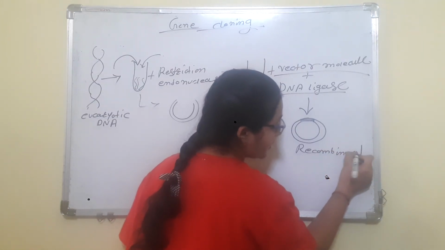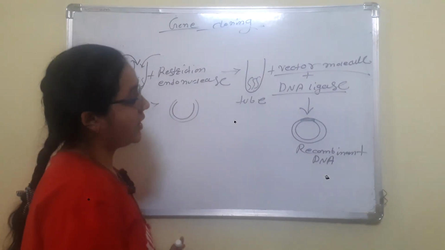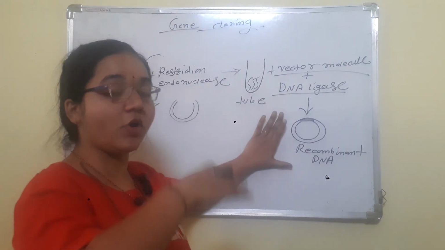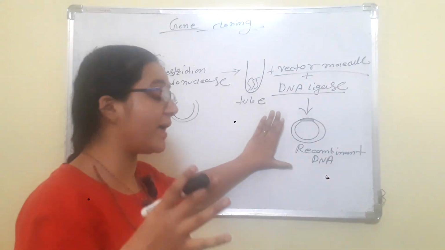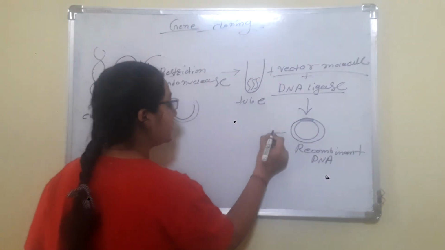Okay, and with this recombinant DNA, the next process is that we add this recombinant DNA into a host cell, for example E. coli. That is our host cell.